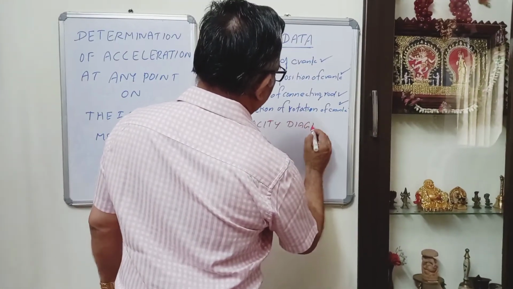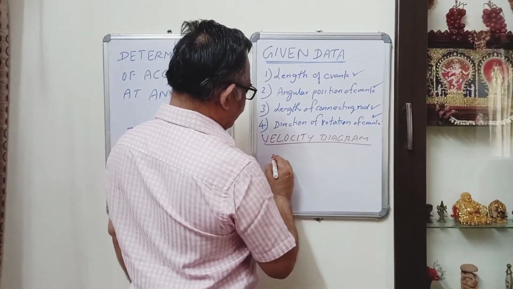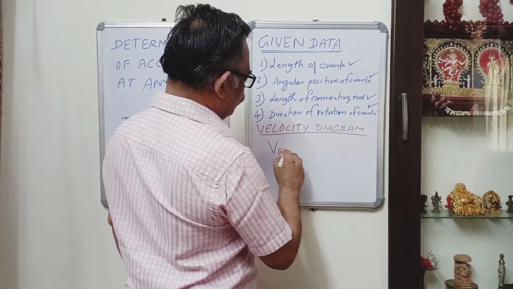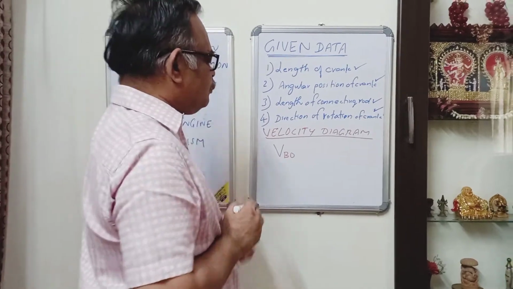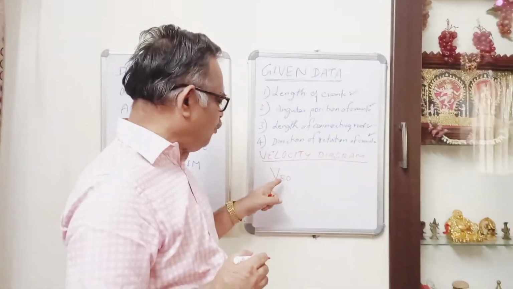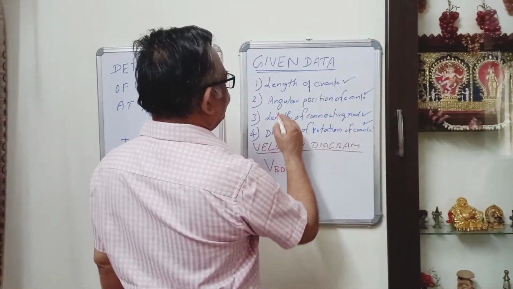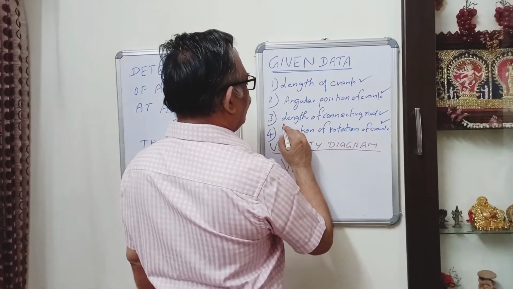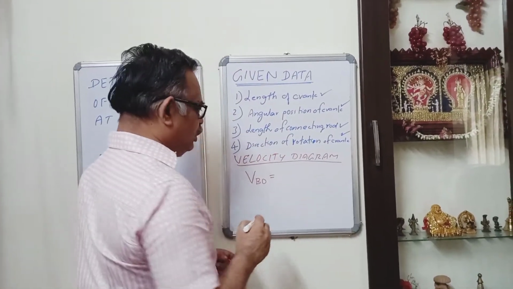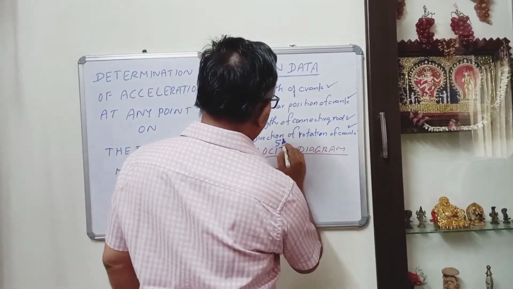To draw the velocity diagram, how will we proceed? Number 1, we have to find the velocity of the crank relative to the crankshaft axis, that is the velocity of B relative to O. For this, I have forgotten to specify one more detail, that is the RPM of crank.